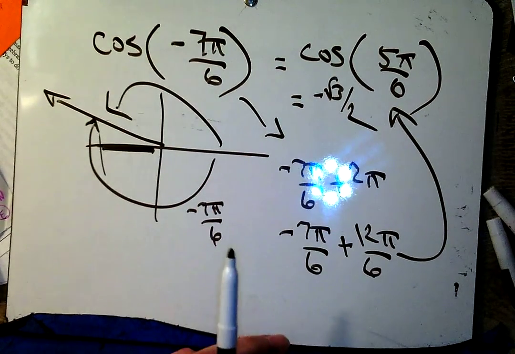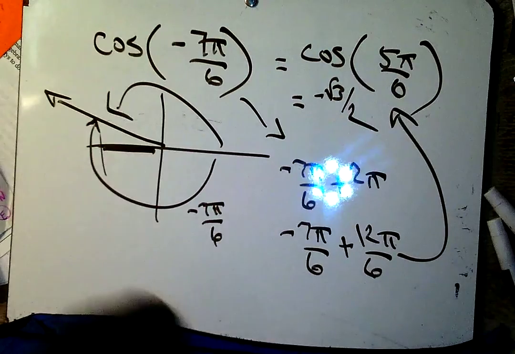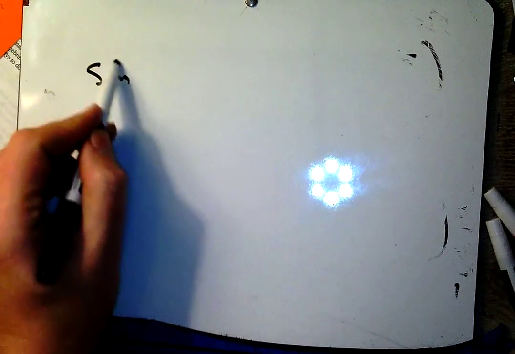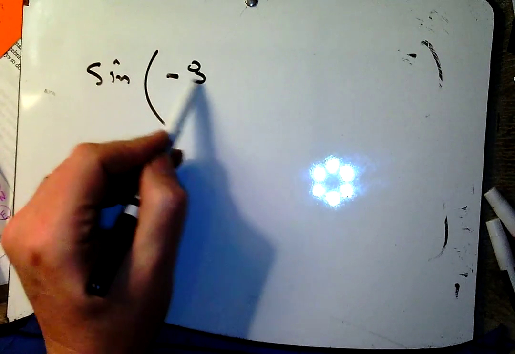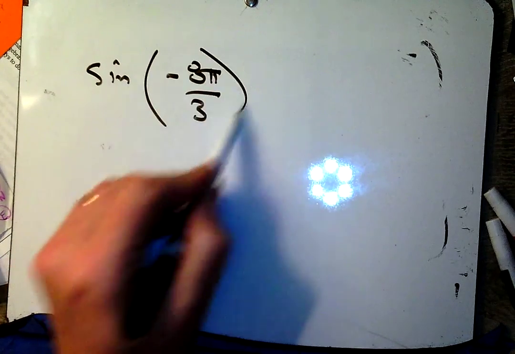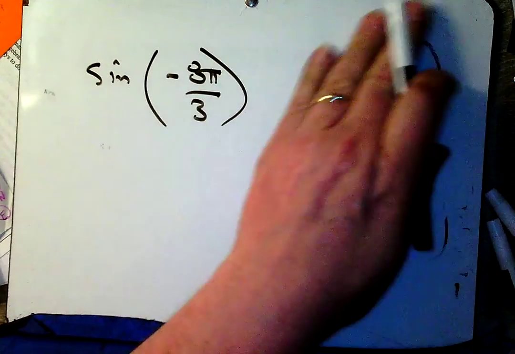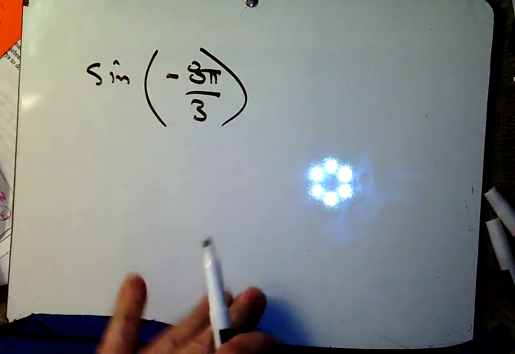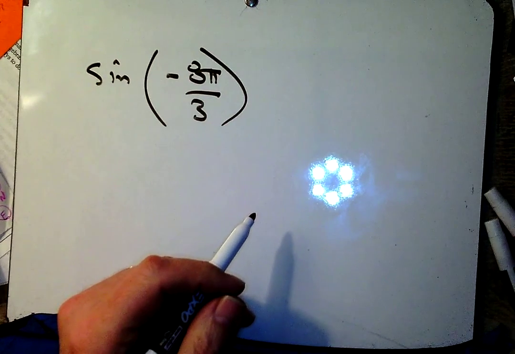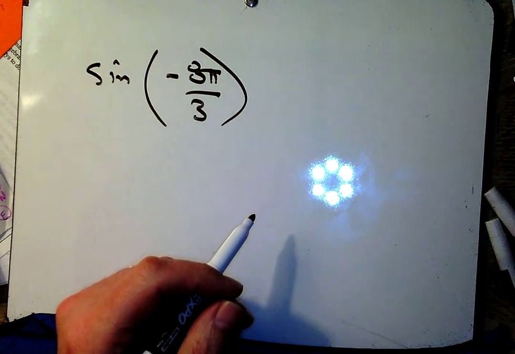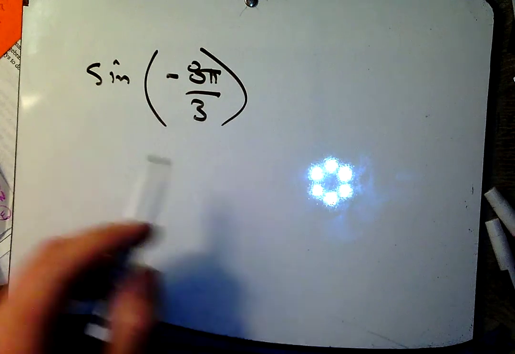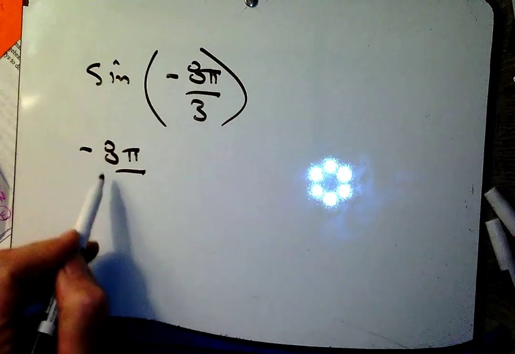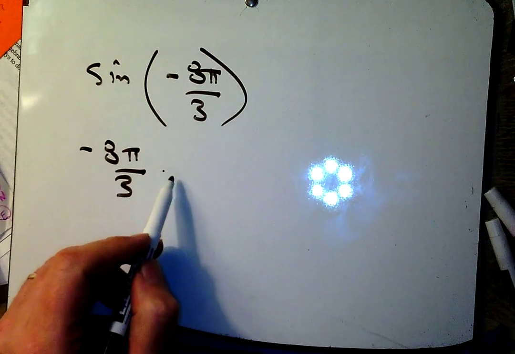All right? And how about this one? How about the sine of negative 8 pi over 3? Find the sine of negative 8 pi over 3. 5, 4, 3, 2, 1.